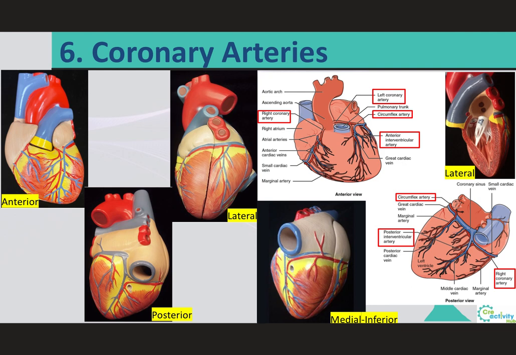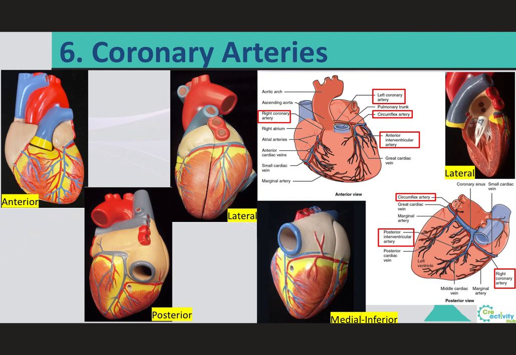Next, let's look at the left coronary artery. As we can see from this image, the left coronary artery is going to exit from the ascending aorta, and it will pass right behind the pulmonary trunk, as we can see over here. Once it passes the pulmonary trunk, it will split into two.